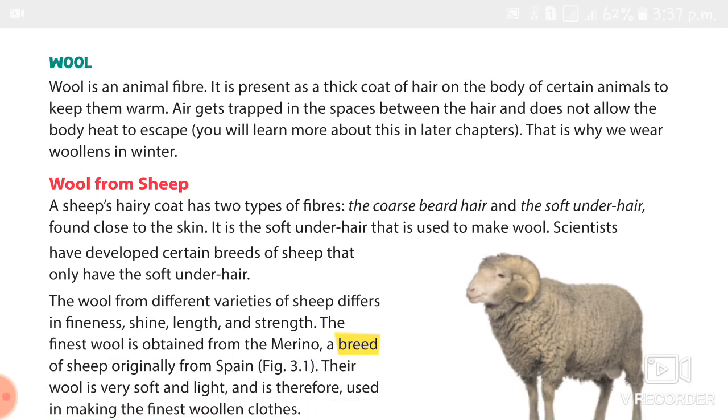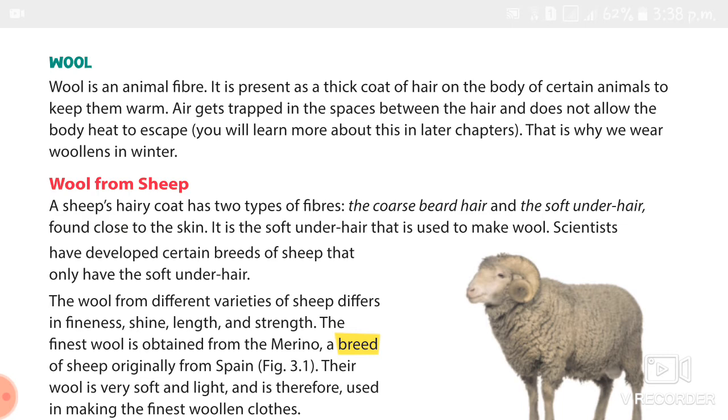Since ancient times, people living in cold places covered their bodies with animal fur. With time they realized that the fleece or the hair of many animals could be used to make wool, to keep them warm. Wool is present as a thick coat of hair on the body of certain animals to keep them warm.